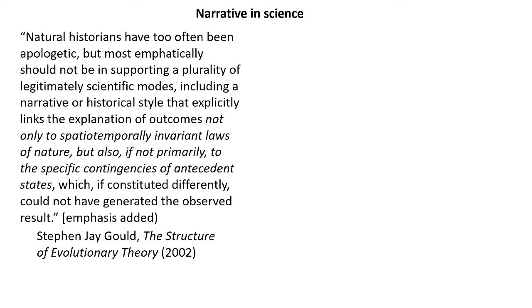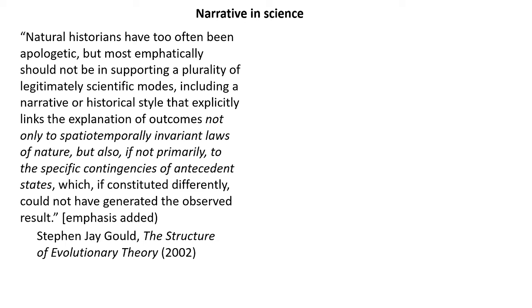This is a quote, and I apologize for the length, from Stephen Jay Gould, the famous evolutionary biologist. He said, natural historians have too often been apologetic, but most emphatically should not be, in supporting a plurality of legitimately scientific modes, including a narrative or historical style that explicitly links the explanation of outcomes not only to spatio-temporally invariant laws of nature.